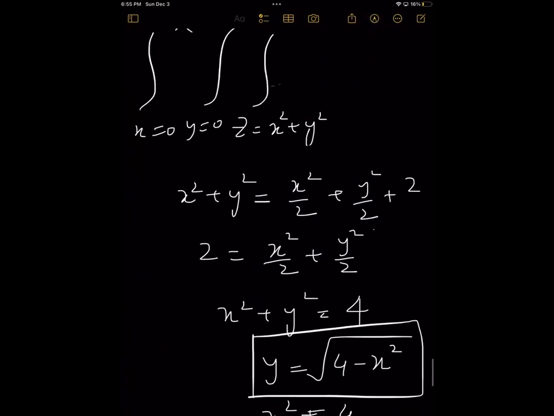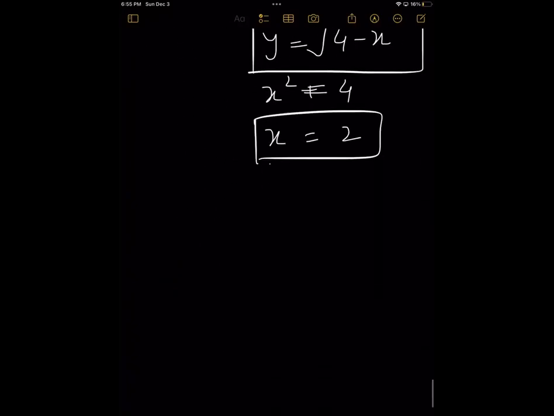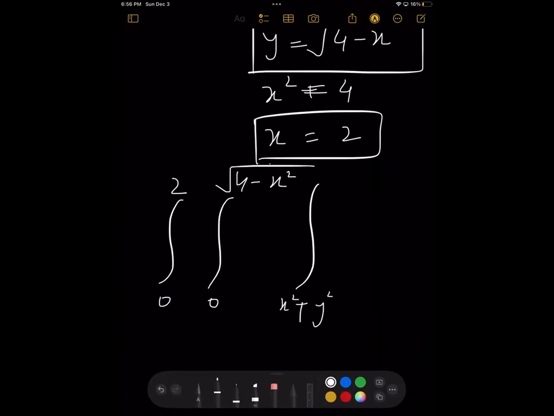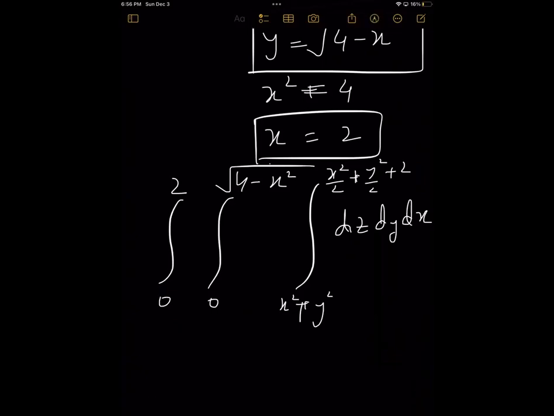So let's write them here again. 0 to 2, 0 to the square root of 4 minus x squared, and we are going from x squared plus y squared to x squared by 2 plus y squared by 2 plus 2, dz, dy, dx. Okay, so this is what we have to solve. Now it's very easy to solve. Do you want me to integrate it?